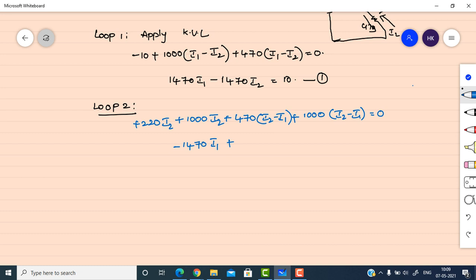How much it is? 220 plus 470, 690. So 2690 I2. I2 terms 220, 1000, 470 I2 and 1000 I2. 1000 plus 1000, 2000. 220 plus 470, 690. So 2690 I2 is equal to 0. So this is equation 2. Now you have to solve these two equations. Then you will get the currents.